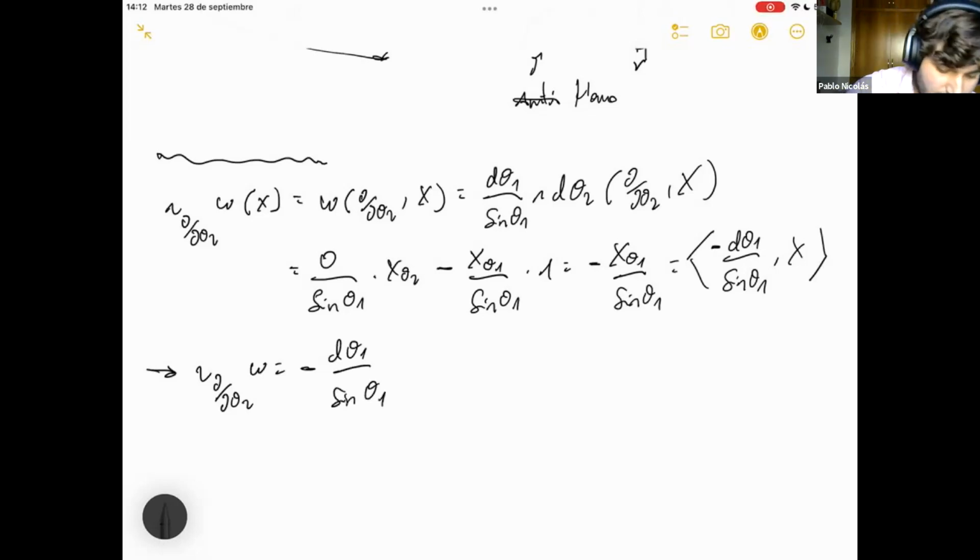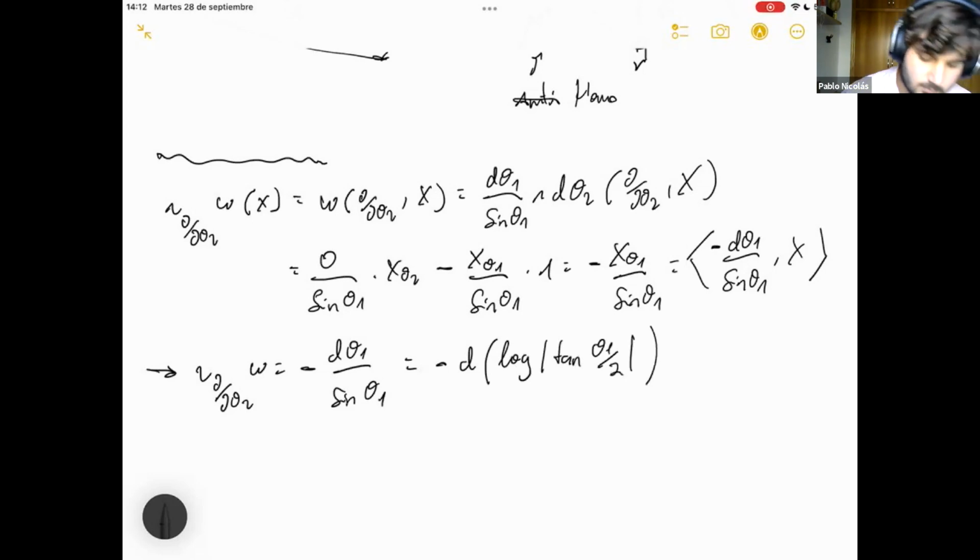And this, if you take the smooth part where everything is well defined, which was what we were commenting earlier, if I am not mistaken, which I could be, this is minus the differential of the logarithm of the tangent of θ1 halves. This should be what we get.